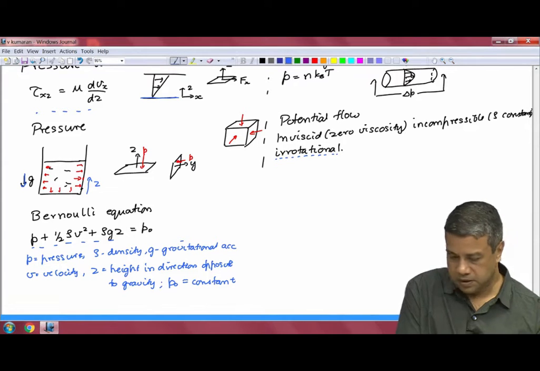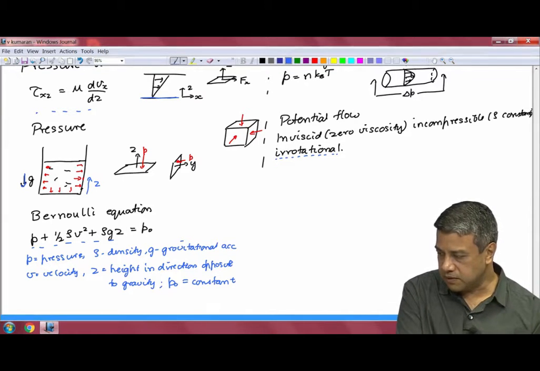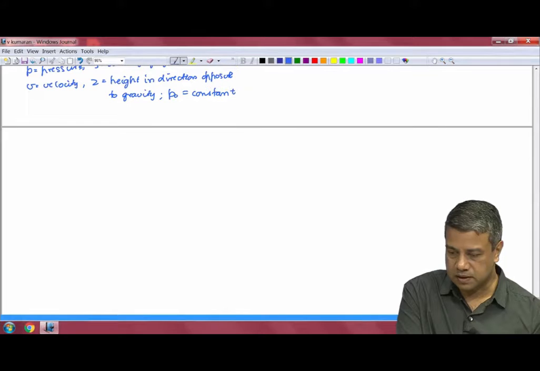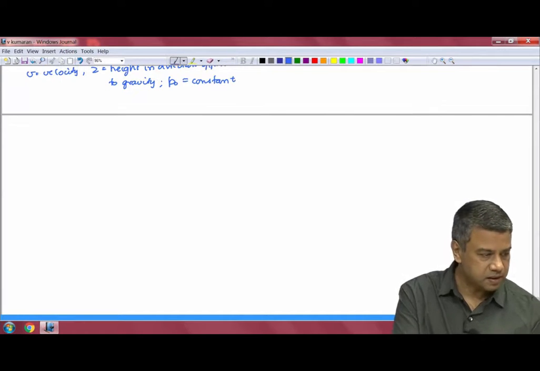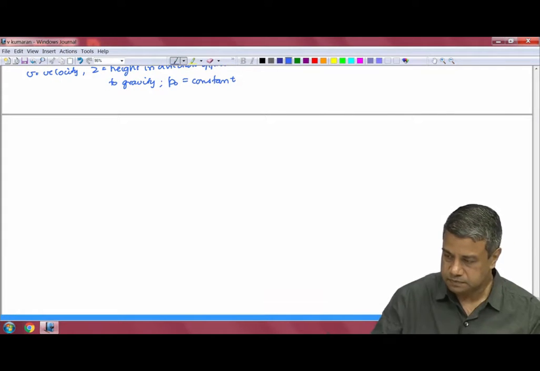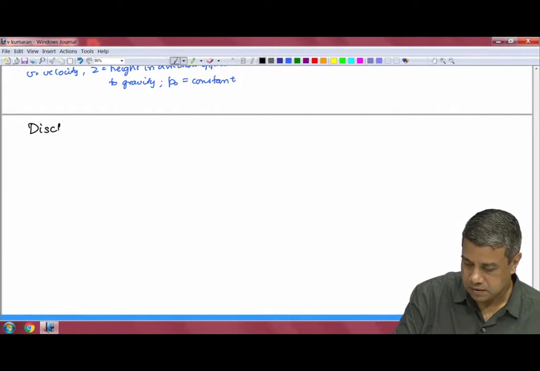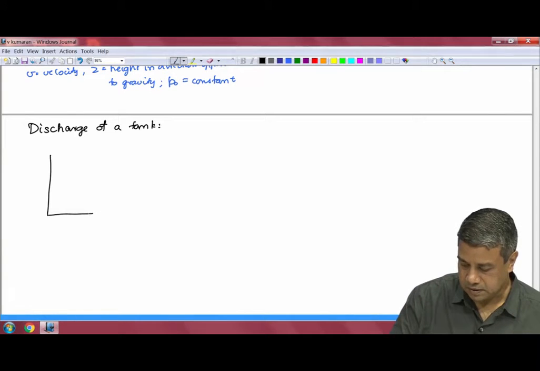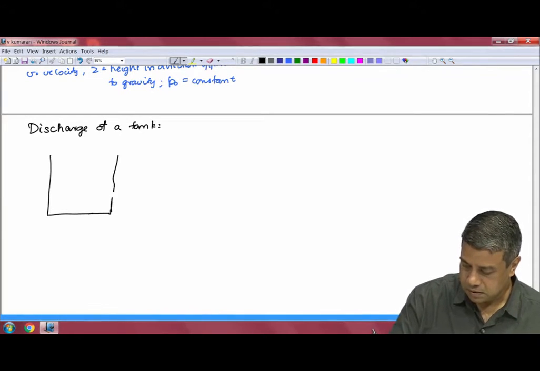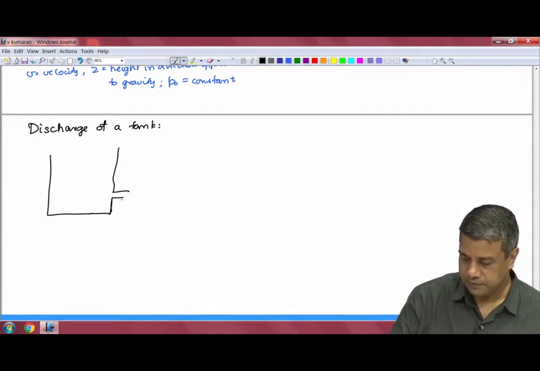So, let us look at some applications of how we would use the Bernoulli equation to solve problems of potential flow. First thing I will look at is the discharge of a tank. I have a tank here with an outlet.